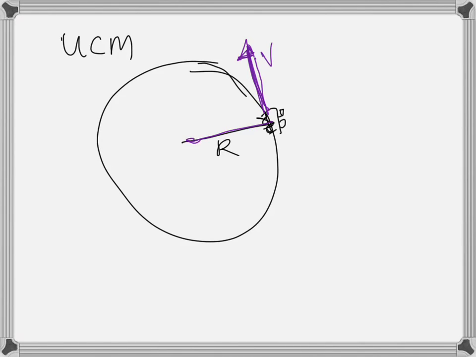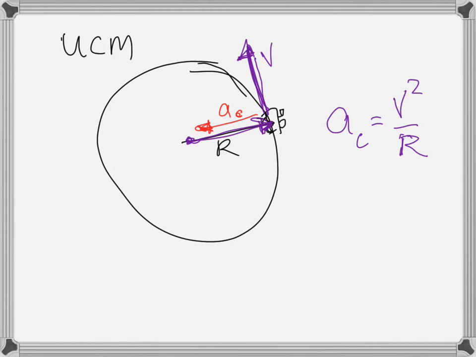The radius vector points from the center of the circle to where you are, and the acceleration at any instant is the centripetal acceleration, which is v squared, the speed squared, divided by r, the magnitude of the radius. So this is the magnitude of the acceleration, and the direction of the centripetal acceleration is always towards the center of the circle. So that's just a reminder of where we were with uniform circular motion.